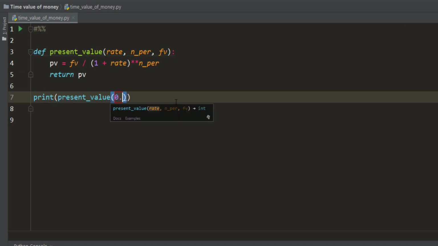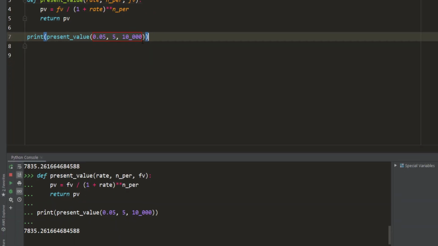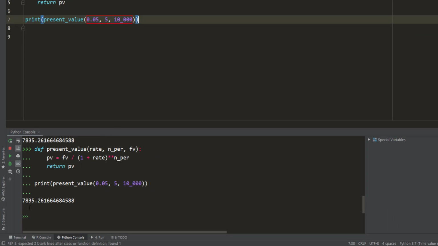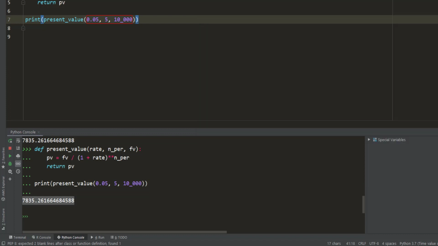We do 5% for our rate, 5 for our number of period, and 10,000 as our FV, and then we are going to compute. As you can see here, the number that we got is exactly identical to what we got from our financial calculator, or if we just hardcode the number into our formula.